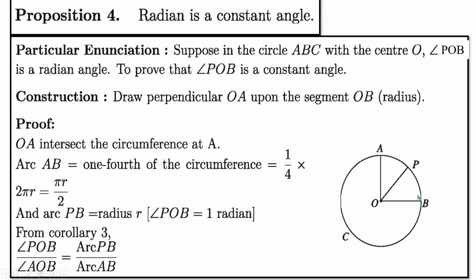If PB and the radius, either OP or OB or OA, are equal, then the angle produced by this arc PB is a radian. That means angle POB is a radian. Clear?